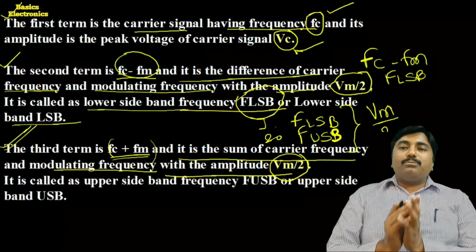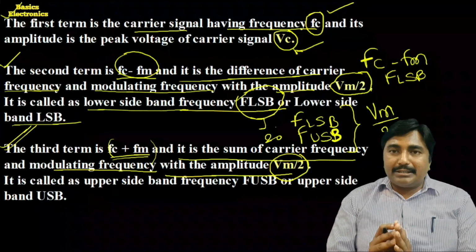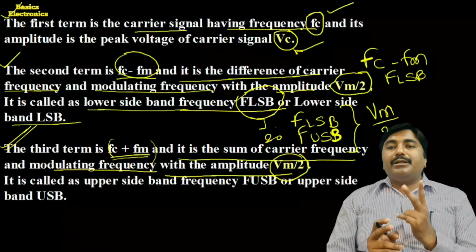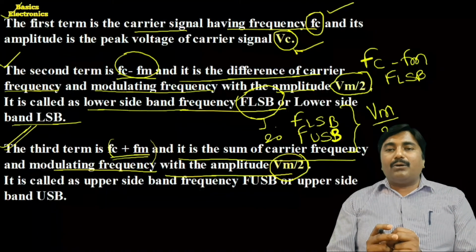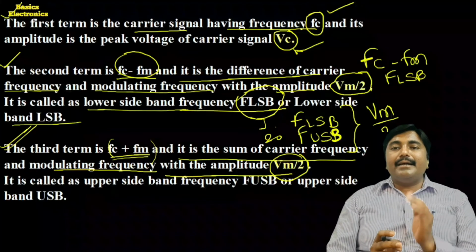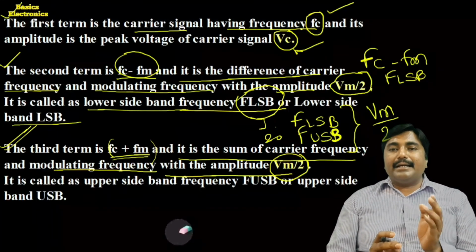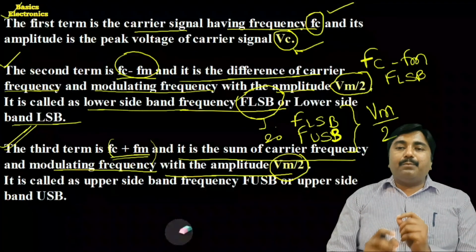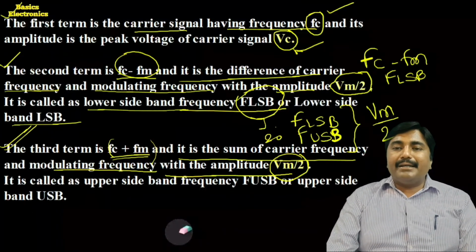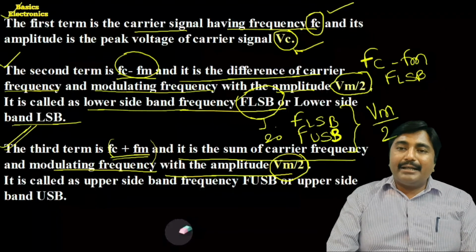So as a part of the process, when the amplitude modulation is done, two different frequencies are generated. These two different frequencies are the upper sideband frequency and the lower sideband frequency. This can be proved by using the mathematical, or you can say the trigonometric, identity.